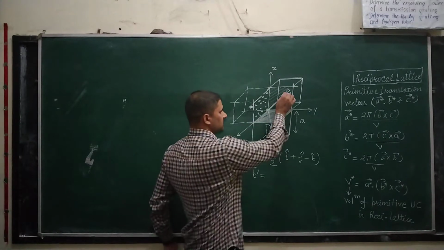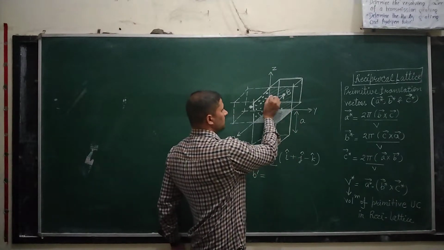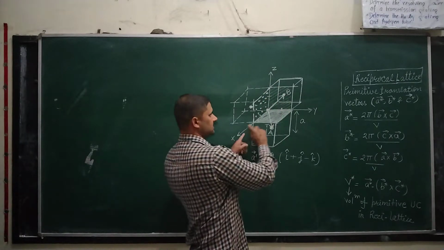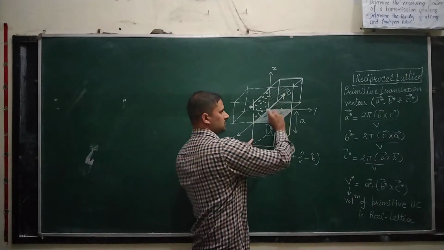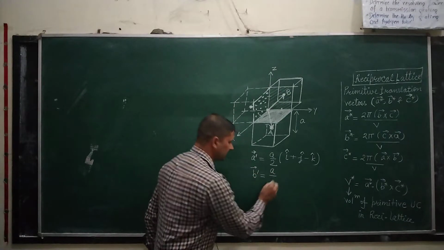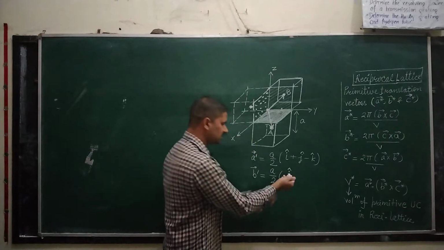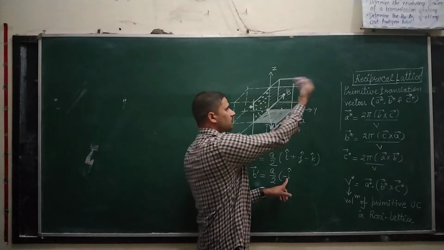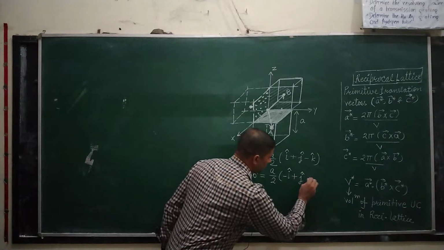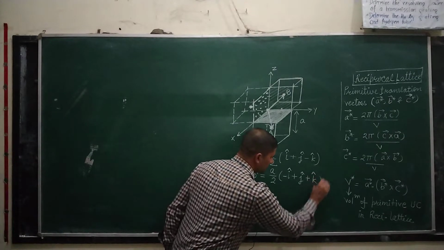Here this particle corresponds to plus a by 2, and along the z direction plus a by 2, and along the x-axis it is in the negative direction. So the coordinate for B dash will be a by 2 times of minus i plus j and plus k.